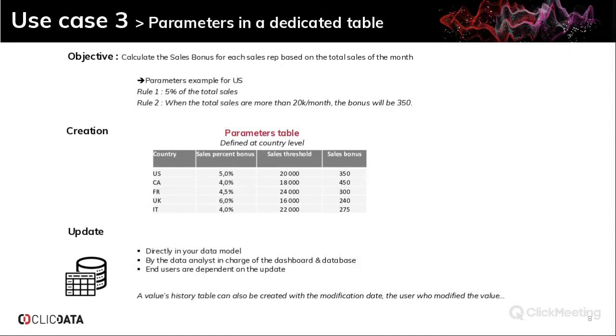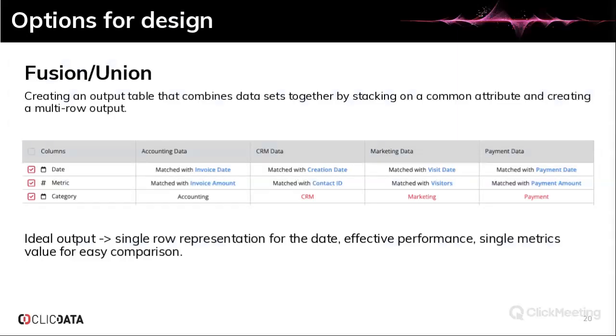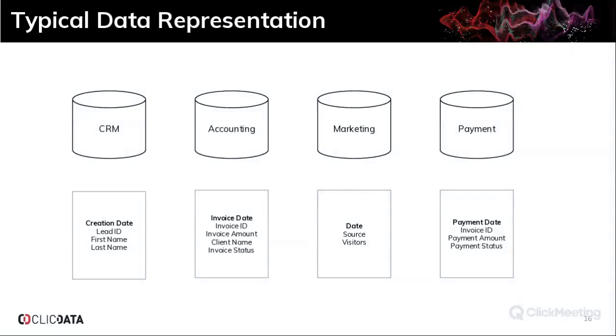I have another question. I think it's more around data structure for Fusion. We spoke about how you can create Fusion to get a single table out of cross-functional data sets.